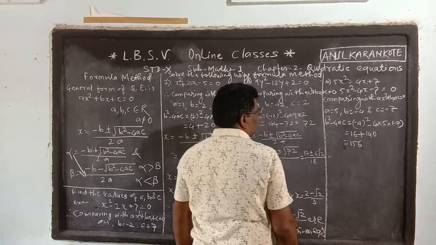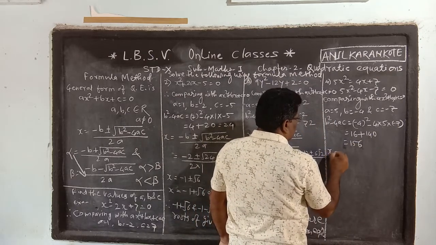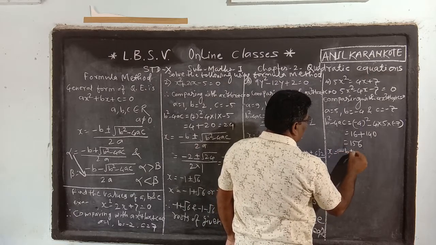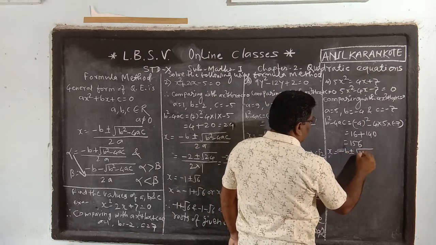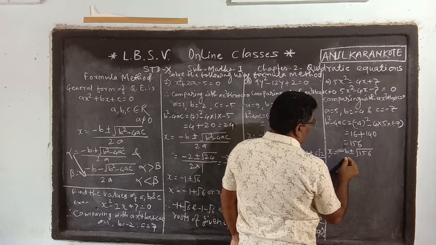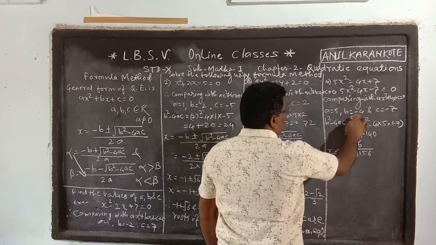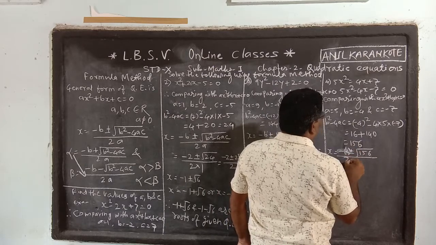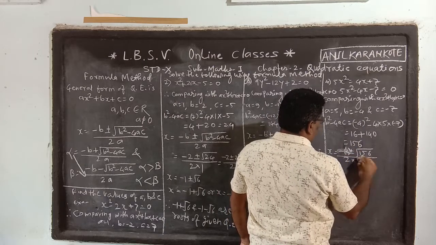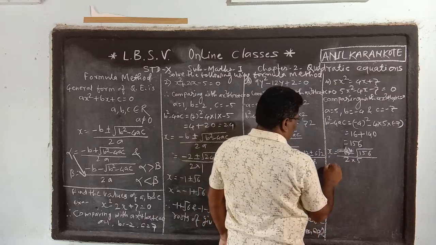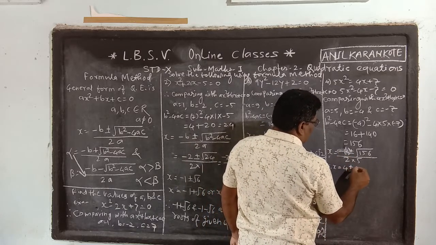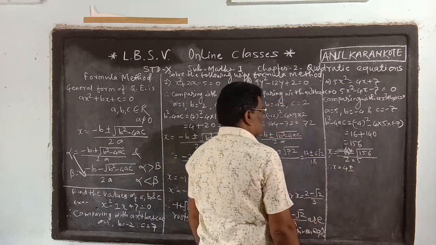So b square minus 4ac is equal to 156. Now the roots are x is equal to minus b plus minus square root of 156 upon 2 into a, that is 5. Therefore x is equal to minus minus 4, that is plus 4, plus minus square root of 156.